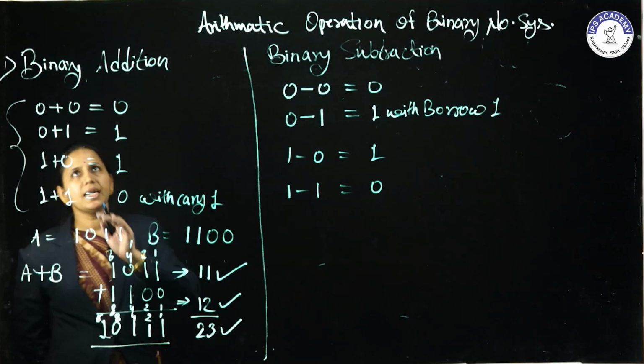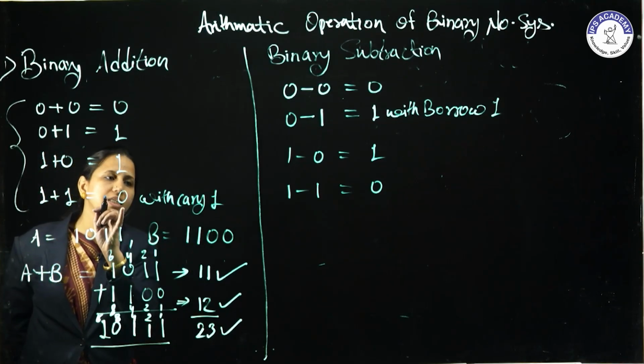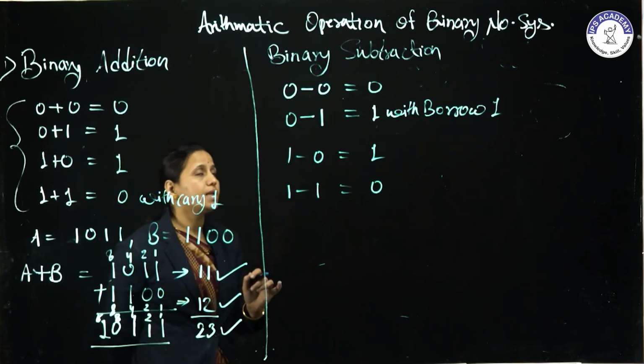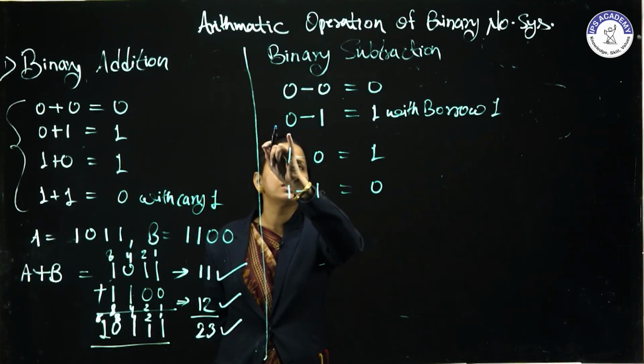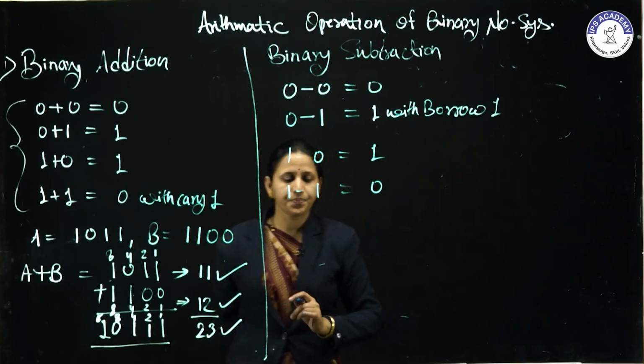So see this point: in case of binary addition, 1 plus 1 will be 0 with carry 1, but in case of binary subtraction, 0 minus 1 will be 1 with borrow 1.